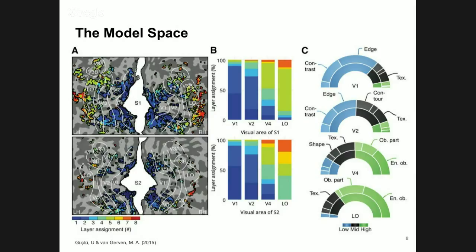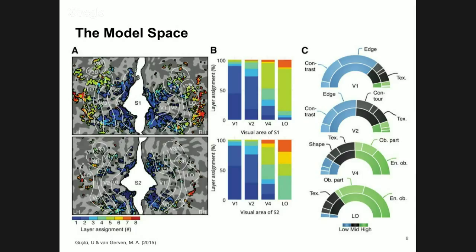Oh, that's for encoding. Are these ratings of complexity by human subjects? Yes, by human subjects, looking at the deconvoluted features in the network.